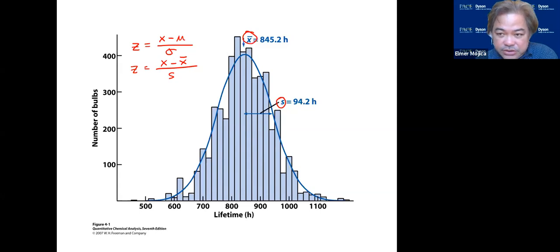This is where the data came from. As you look at it, there are two parameters that characterize the light bulbs: the mean and the standard deviation. If she plans to sell 1,000,000 bulbs, how many extra bulbs should be kept available?